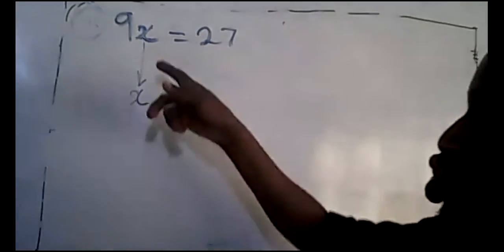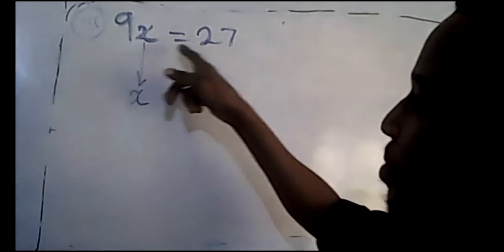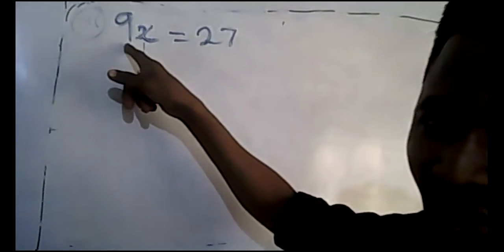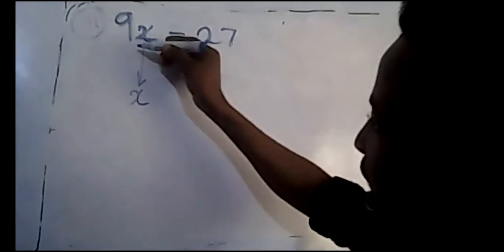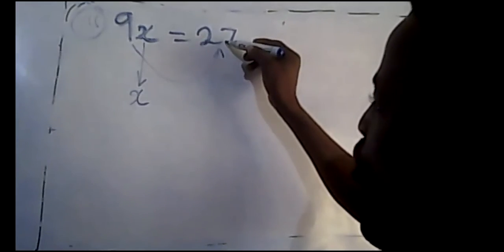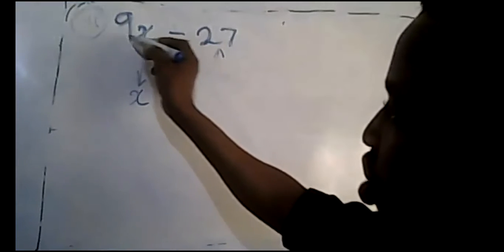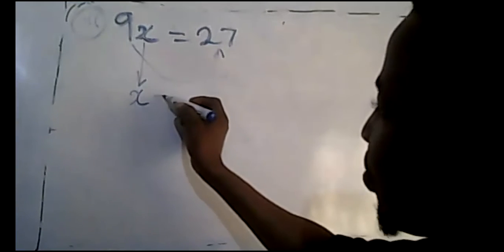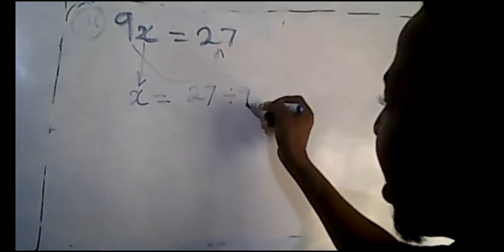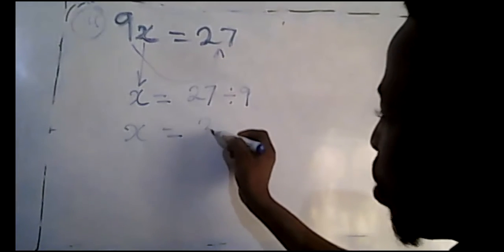That means to separate these two, you need to eliminate 9 by dividing both sides by 9. Or simply say, this 9 comes here, crosses this equal to sign downwards, and it becomes division, because it is multiplication that binds them together. So you have x equals 27 divided by 9. So my x becomes, what's that? 3.